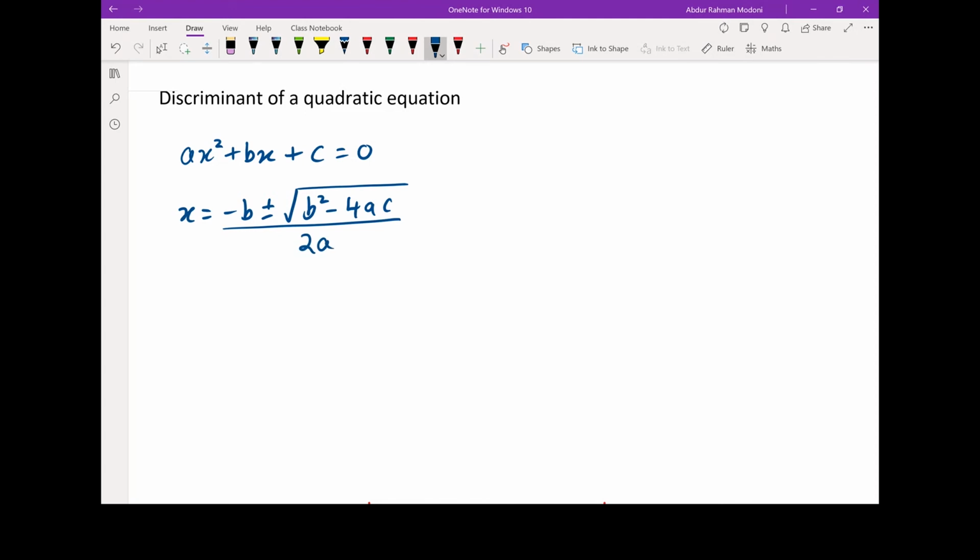Now when we solve this, we can get either two solutions to the quadratic, or a single solution, or no solutions. If you remember, when we solve a quadratic, we're looking at where the quadratic curve crosses the x-axis, i.e. when y is equal to 0.